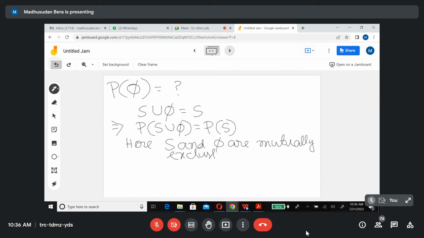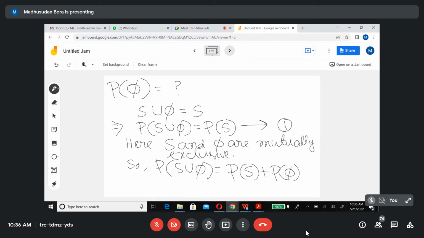So what is P of S union phi by axiom 3? The probability of their union is equal to the sum of their probabilities: P(S) plus P of phi. Is this okay?